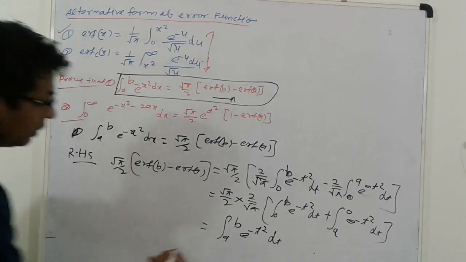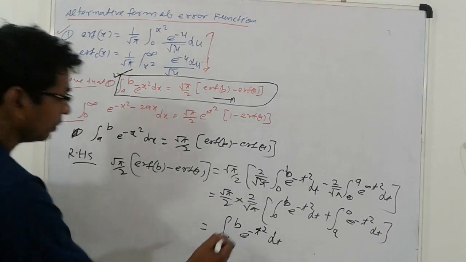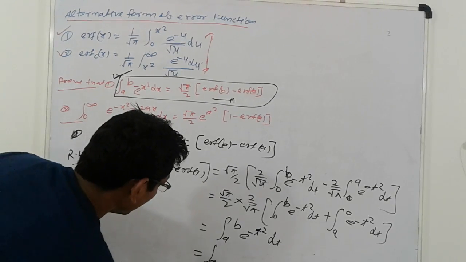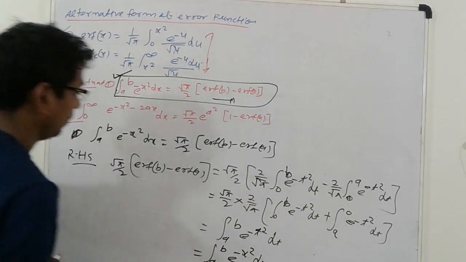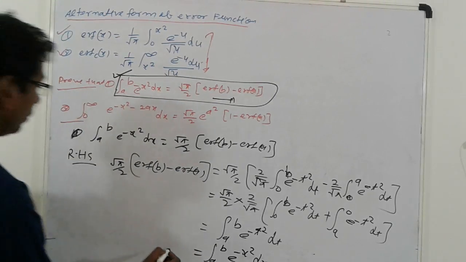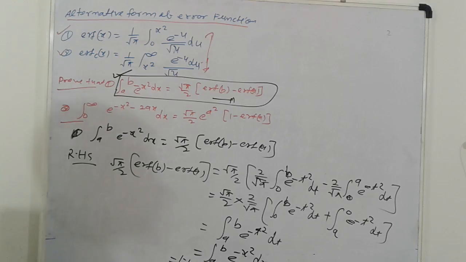But what do you have to prove? It means you can also write it as a to b e raised to minus x square dx, no problem. So that is proving, which is equal to LHS. Proved.